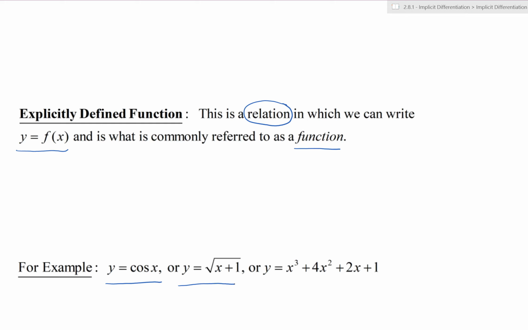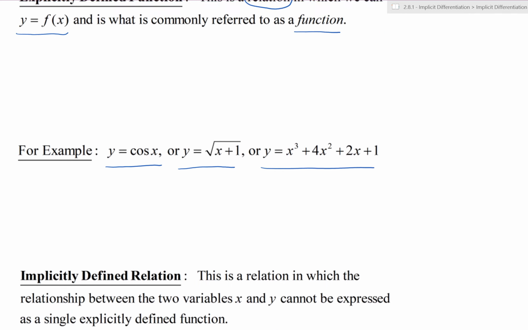Y is equal to square root of x plus 1. Y is this polynomial x cubed plus 4x squared plus 2x plus 1. There's endless possibilities, right? But these are all examples of explicitly defined functions, because when I plug in a single value of the input x, I get back a single output value for the output y, right?